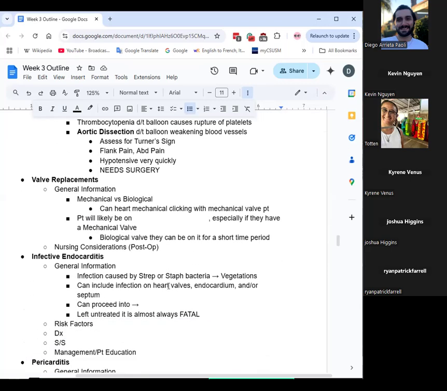All right. So now let's talk about valve replacements. Some general information I have, the different kinds of valve replacements. There's a mechanical valve and a biological valve. With the mechanical valve, you can actually hear the clicking sound, and I've actually heard a clicking sound on a patient before.